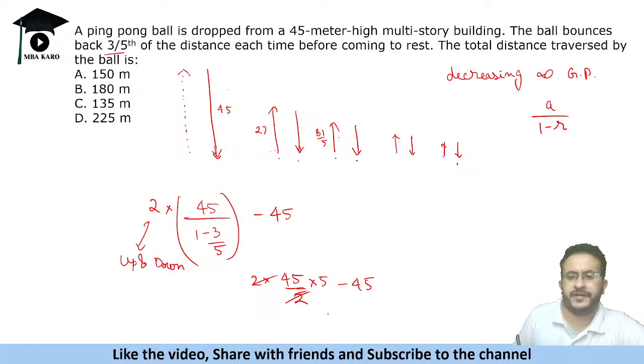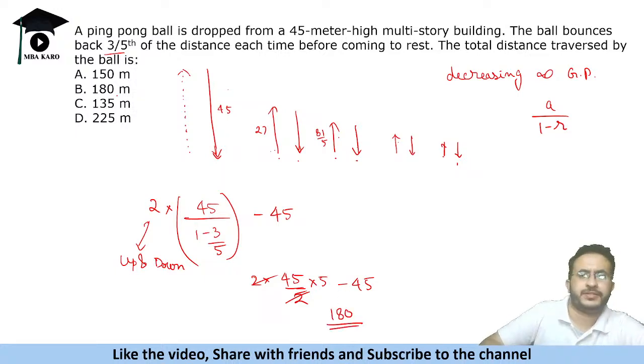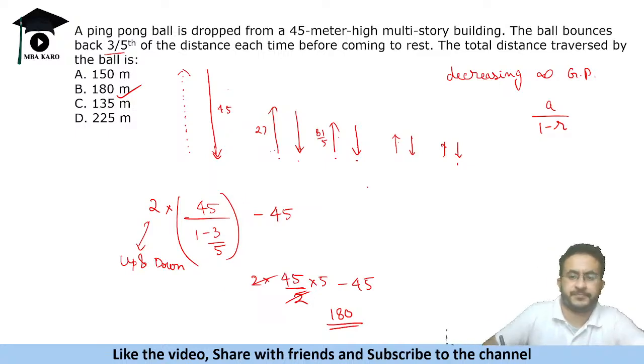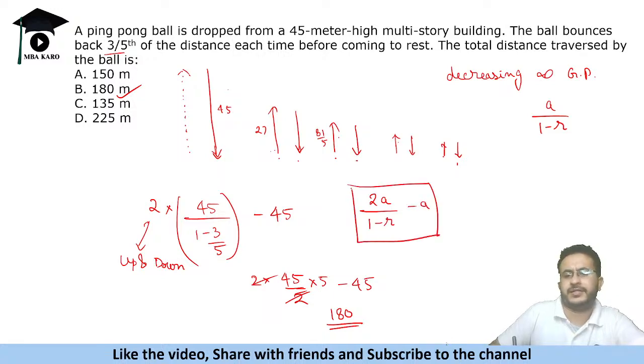So 225 minus 45, that will be 180. Okay, so this is the standard question. 2a upon 1 minus r minus a, that is the answer in such questions.